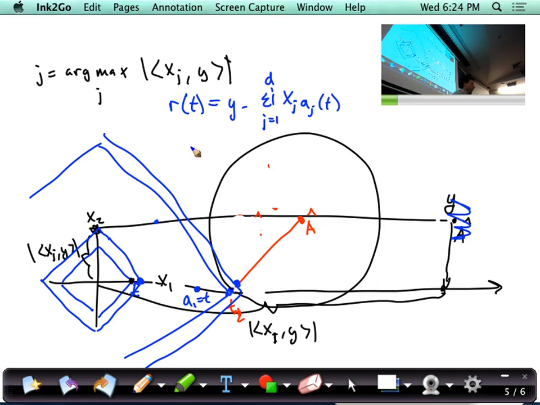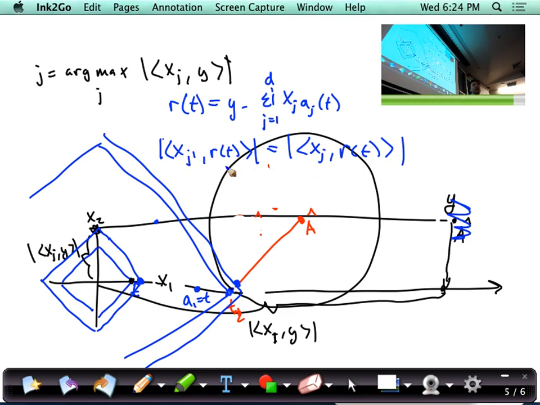And what I want to solve for is when the dot product of xj prime with r t, this norm, is equal to xj times r of t here, right? So this is the coordinate I picked the first time, and this is some other coordinate.